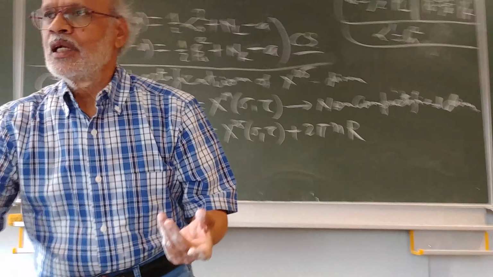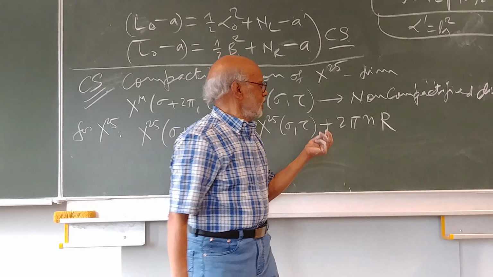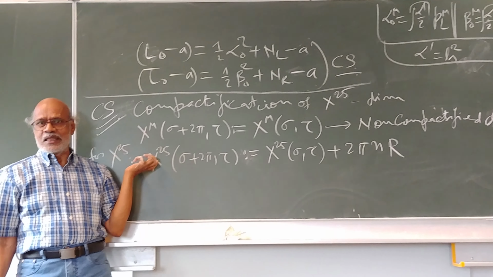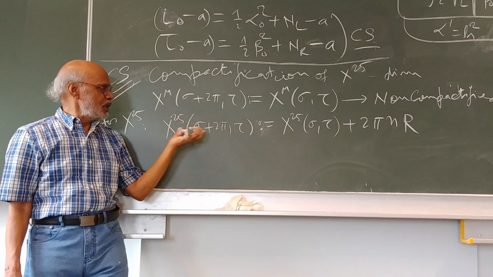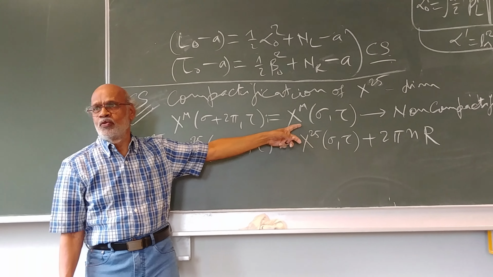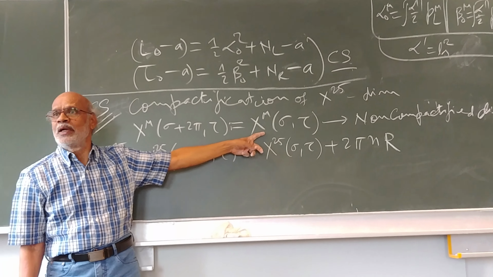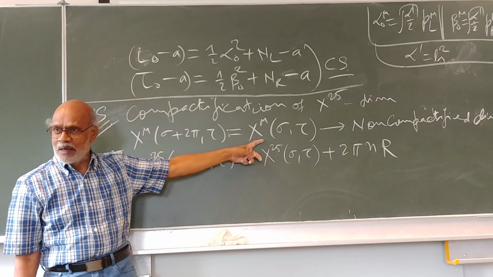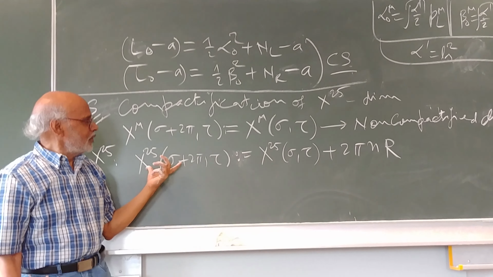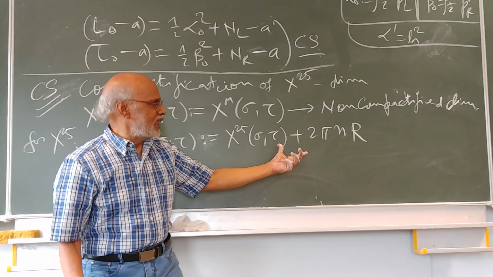What we want to do is consider the compactification of the 25th dimension. So here we have x25. Now, in general, the previous condition holds true for all the non-compactified dimensions, and this one is for the compactified dimension.